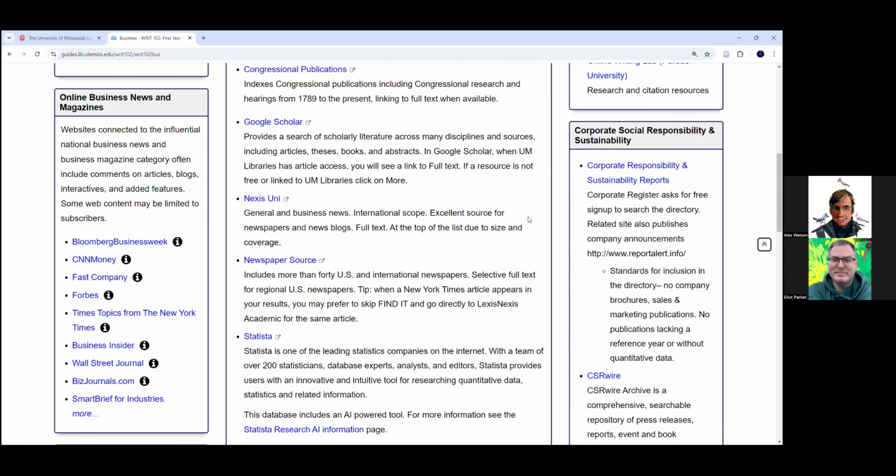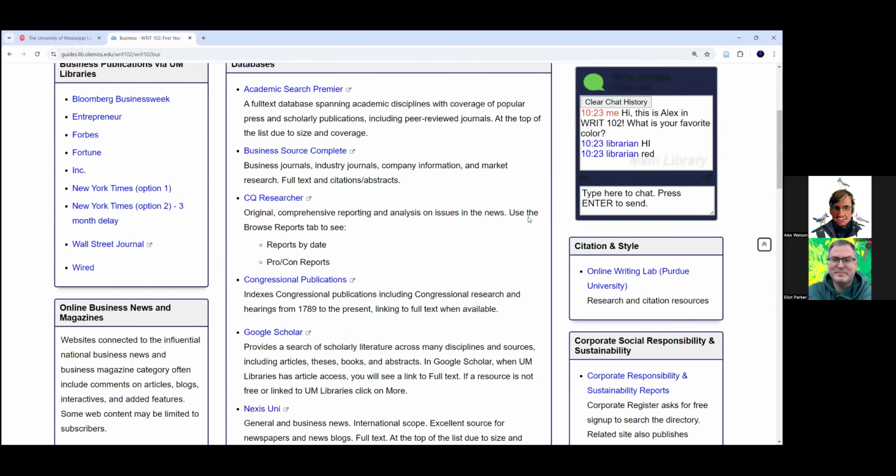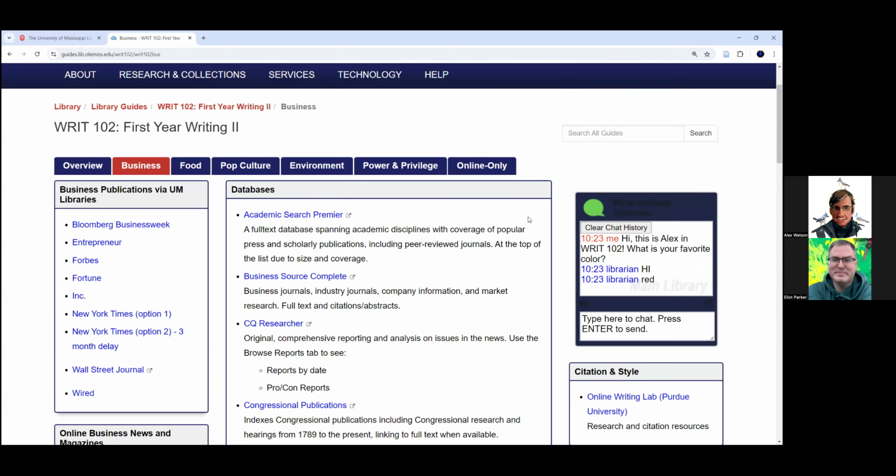Now, I said earlier that searching within OneSearch sometimes returned information that was outside of the scope of what you were looking for, on a different subject. Using one of these databases can help in that way.